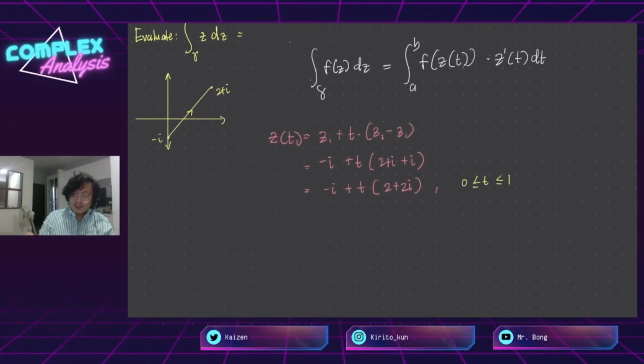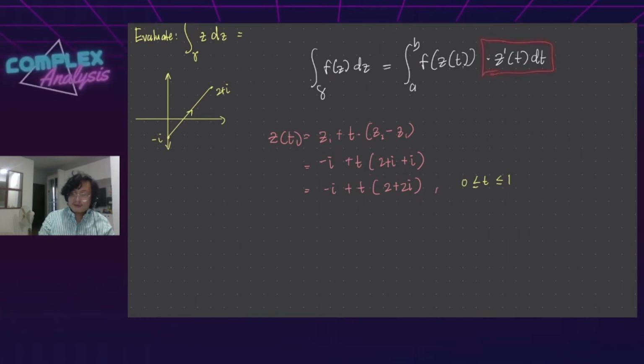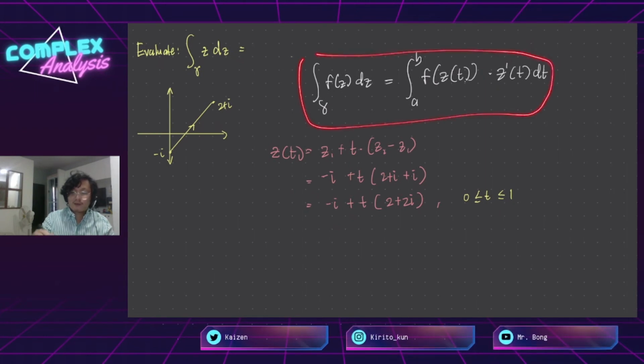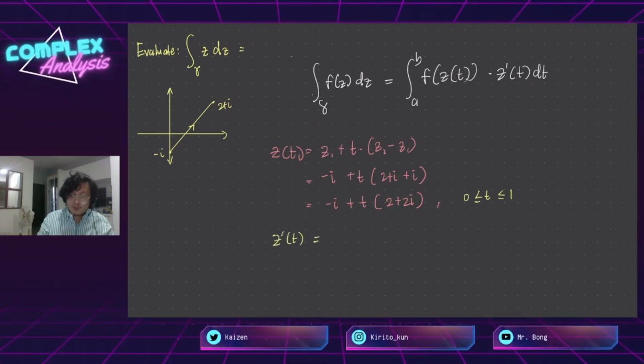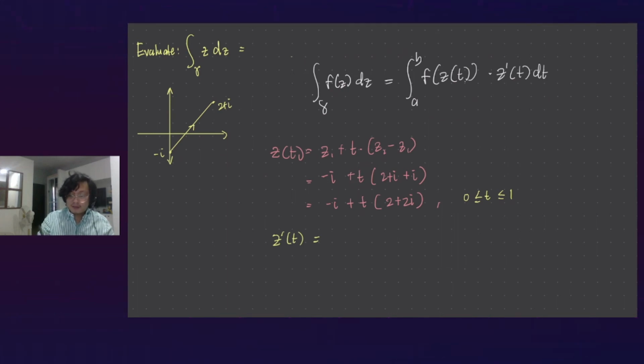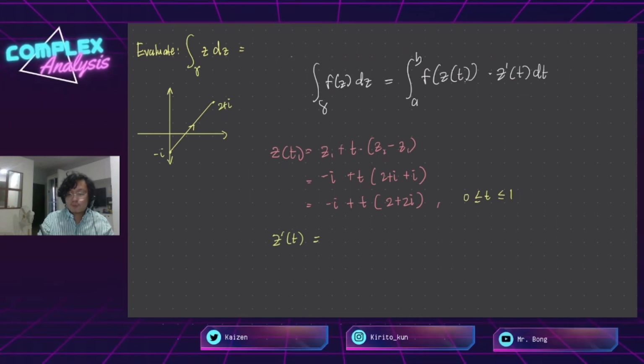Next, we need to solve this expression for us to use the formula. So we will have z prime of t, which is equal to the derivative of negative i plus t times (2 plus 2i).